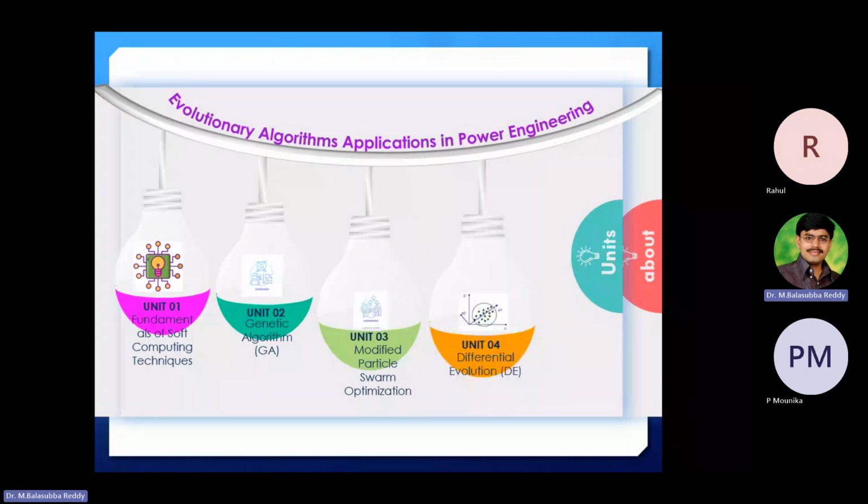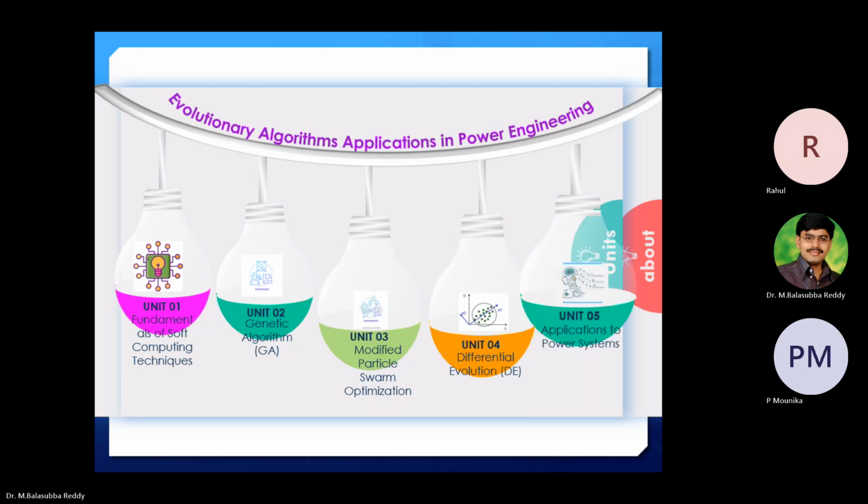And after that, differential evolution. This is another technique. All these are evolutionary algorithms or heuristic, metaheuristic techniques. And the last unit is applications to power systems. These are the topics we are going to cover in this course.